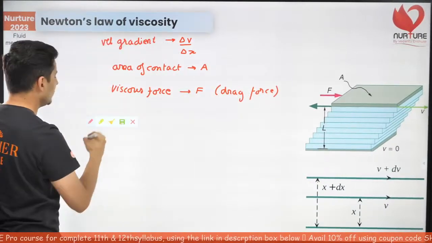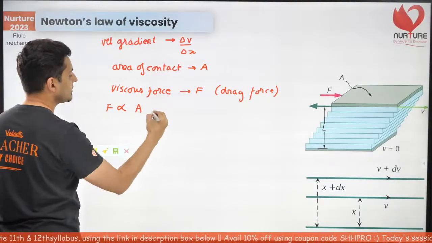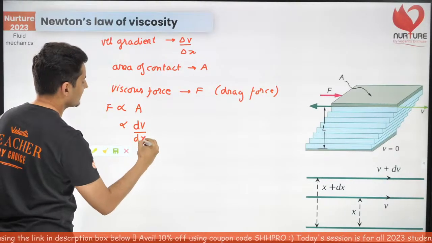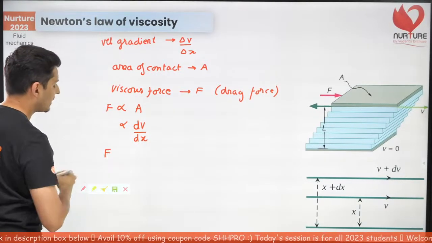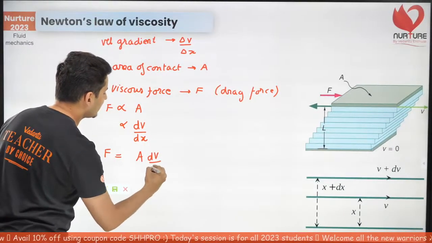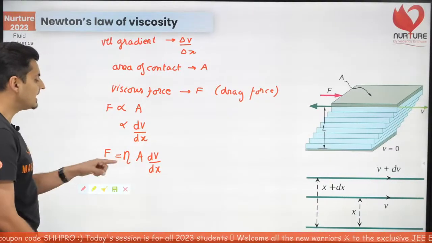And then he found out this viscous force is directly proportional to the area, and it is also proportional to the velocity gradient dV by dx. Hence, he came up with a constant of proportionality. So A and dV by dx will come over here as it is. That constant of proportionality is eta.